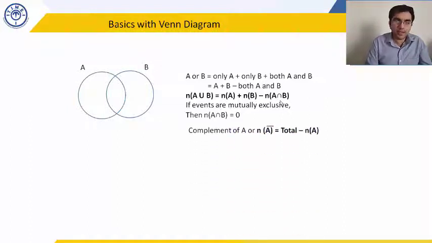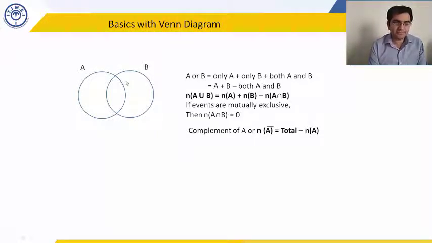Okay. Now, there's also something called the complement of A. The complement of A can be written as A bar. You make a bar on top of it. So the complement of A is A bar, and that is equal to total minus n(A).